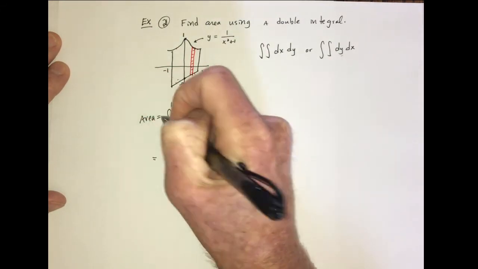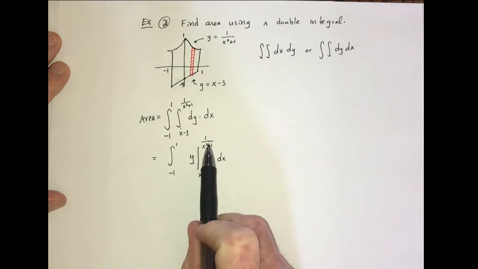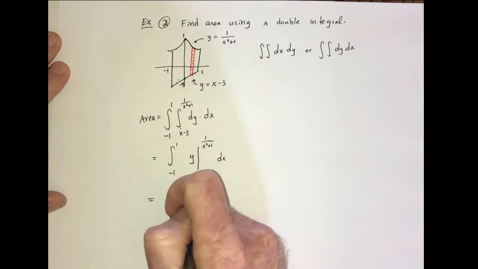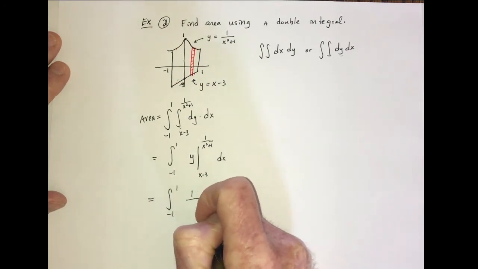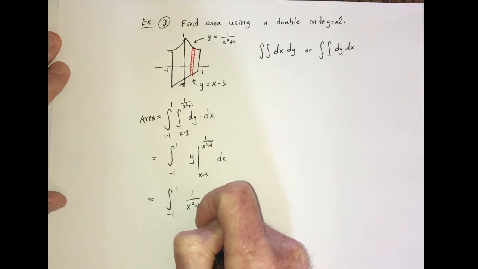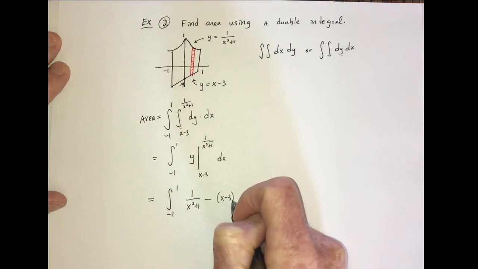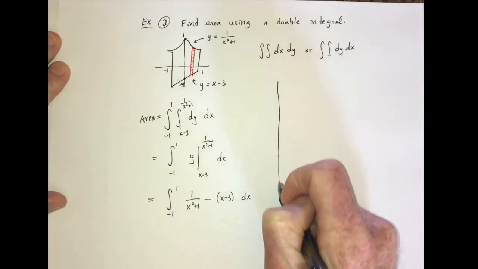And this is area. So for this part, it's just going to be the top limit minus the bottom limit. So that'll be 1 over x squared plus 1 minus x minus 3. And then later we'll integrate with respect to x.